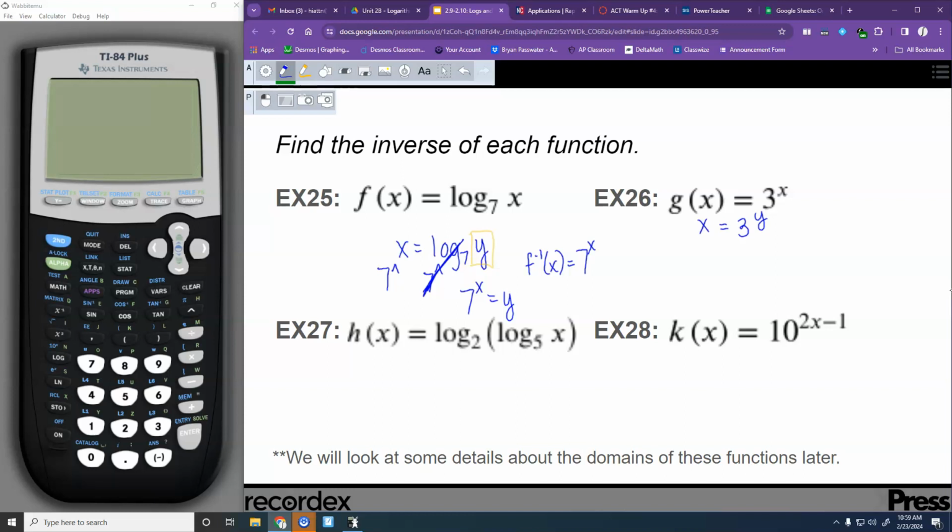We're not multiplying, we're raising to a power here. So the inverse of a base 3 is log base 3. So we have to do log base 3 on both sides. So we get log base 3 of x equals our y. We could rewrite that with inverse notation: g inverse of x would equal log base 3 of x.